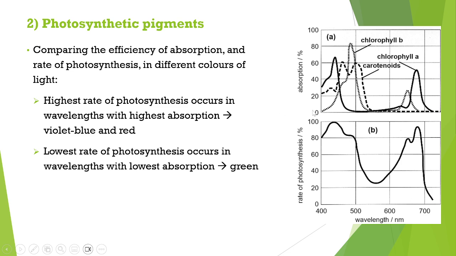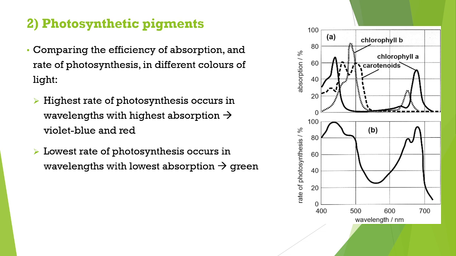And that corresponds also to the rate of photosynthesis at different wavelengths. You see the highest rate of photosynthesis is also in the wavelength region of blue-violet here, 400 plus to 500, and the red color region, which is 600 plus, close to 700. So when we measure the efficiency of absorption and also the rate of photosynthesis for different wavelengths of light, we see the similarity.